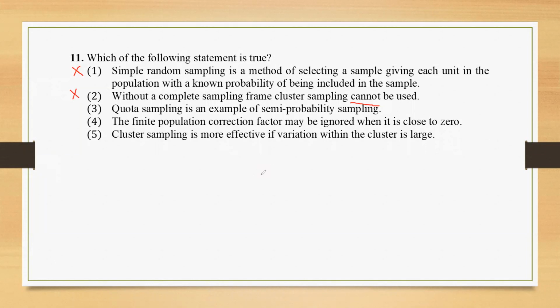And there are also some non-random sampling techniques such as judgment, convenience, snowball, and so on. Anyway, there are some sampling techniques which have both features of random sampling as well as non-random sampling.